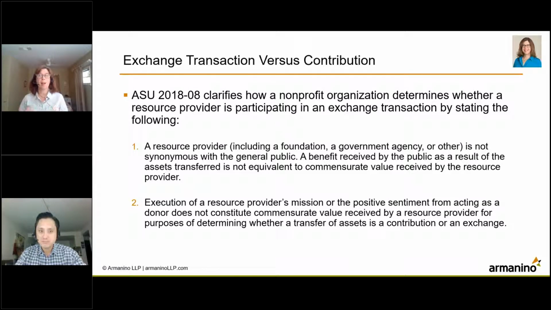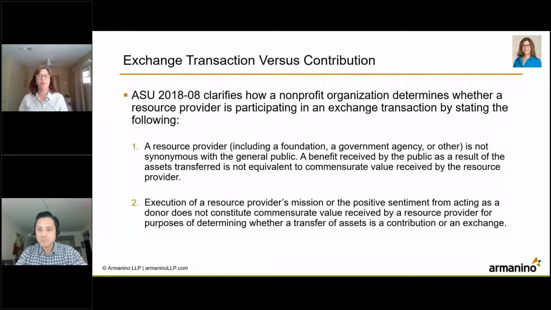It may be a contract for the purposes of a single audit consideration, but it still could potentially be a contribution under this new standard. So key point there, public benefit does not equal exchange transaction for a governmental entity.